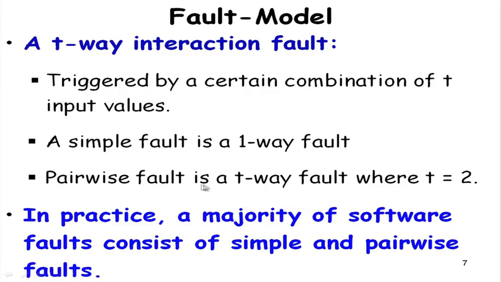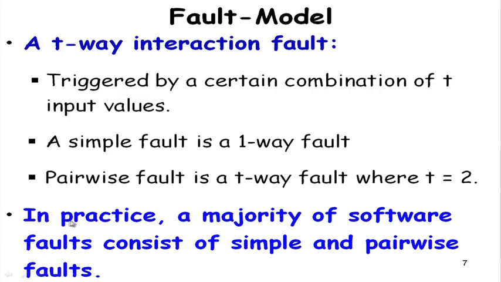And a pairwise fault is a two-way fault. According to this terminology, a T-way fault is caused by a combination of T of the input parameters. And as we are saying, if we consider up to 5-way faults, then all possible bugs would have been discovered in practical software.